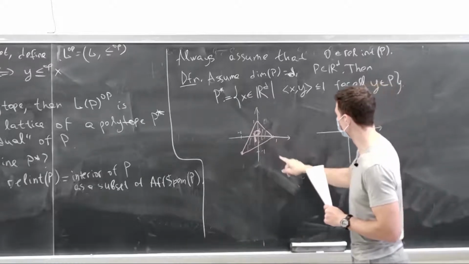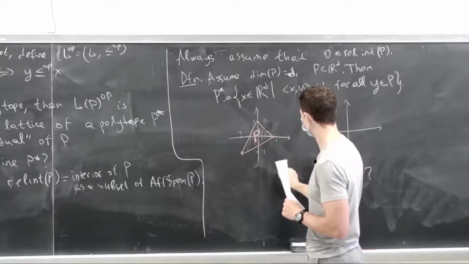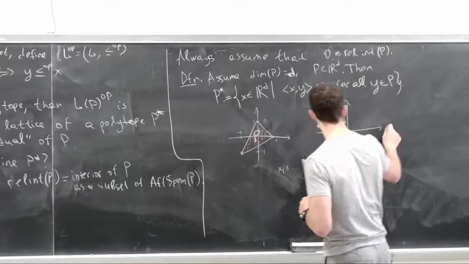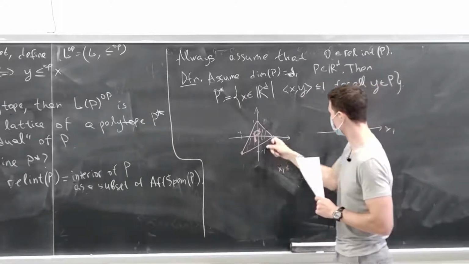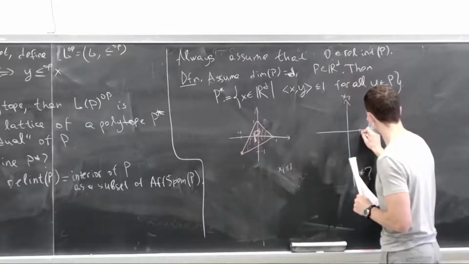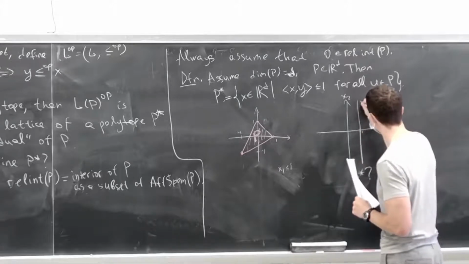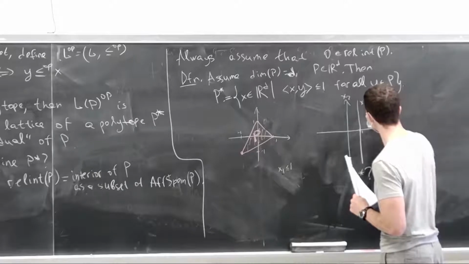Okay, so you want an inequality. Let's say here, for this vertex, the inequality is going to be, let's say this is x1 and x2, right? And then x1 should be less than or equal to 1. All right, nice. I have 1 here, and then x1 less than or equal to 1.